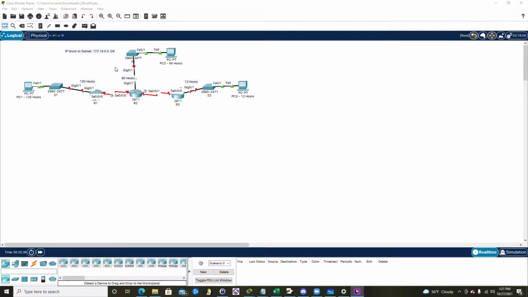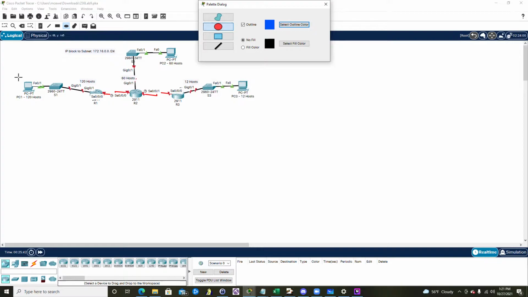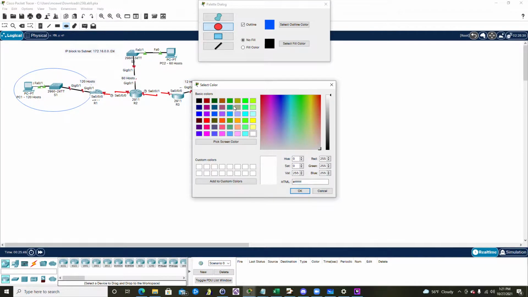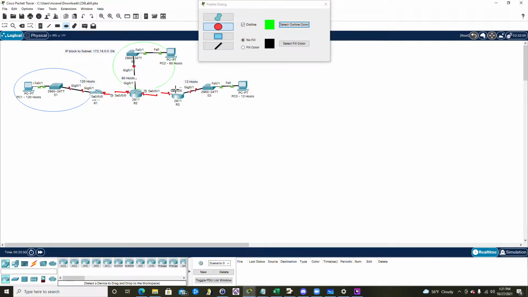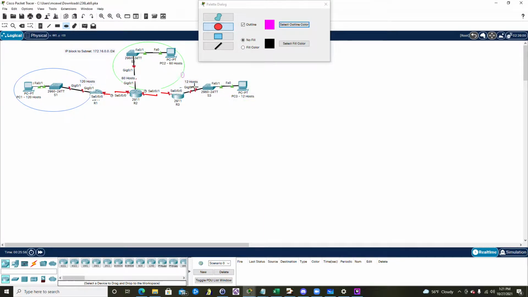So the first thing to note is that when we're looking at subnetting, remember we're creating subnets for these different individual LANs that exist on this topology. What I'm highlighting right here are the actual different LANs.